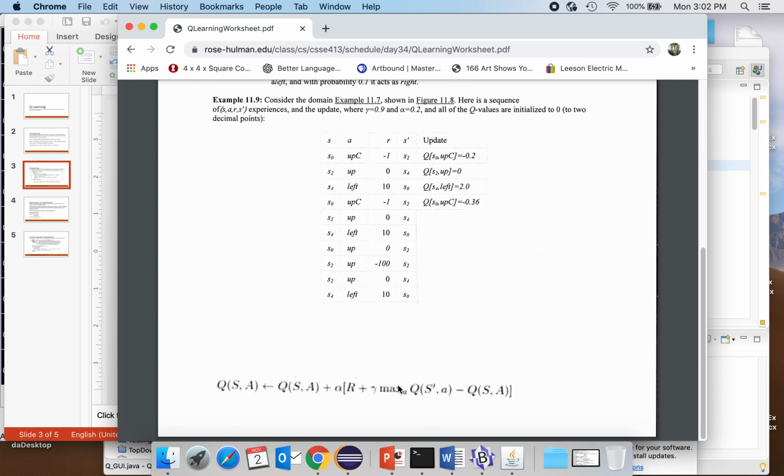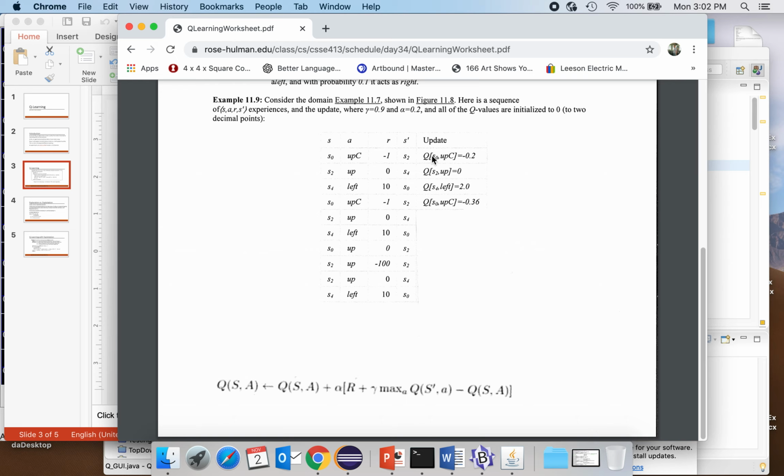I wanted to say something about this term over here when we calculated this one. When we calculated S4 left, we technically would have needed to look at the maximum of the table entries for S0.